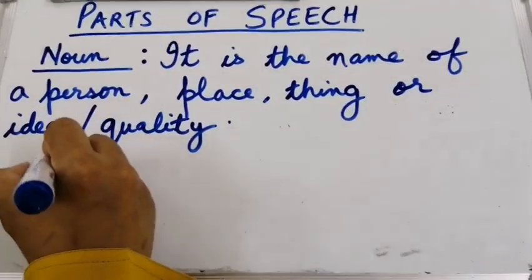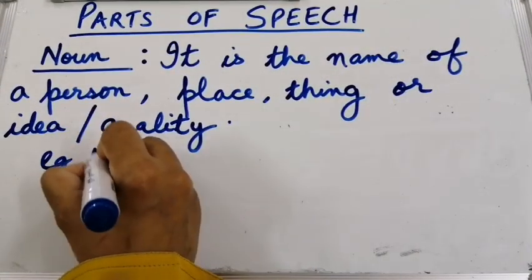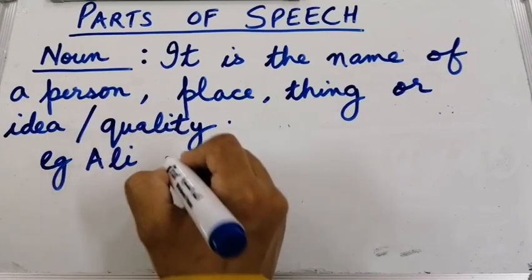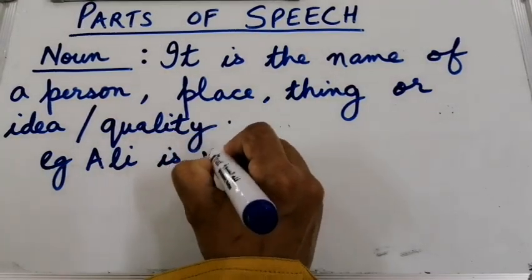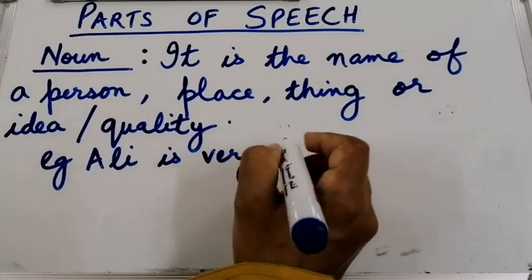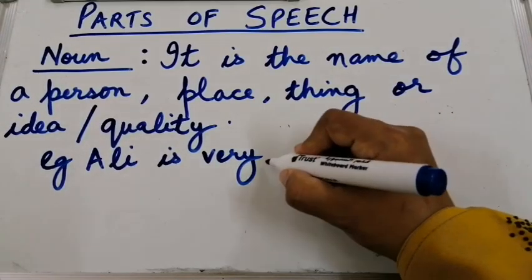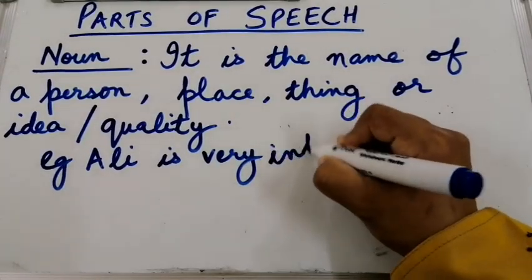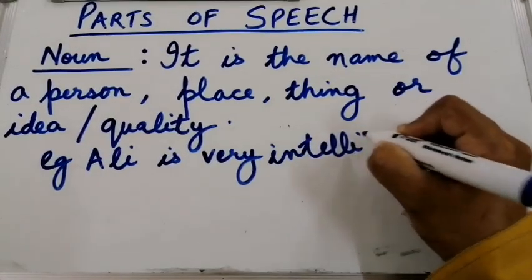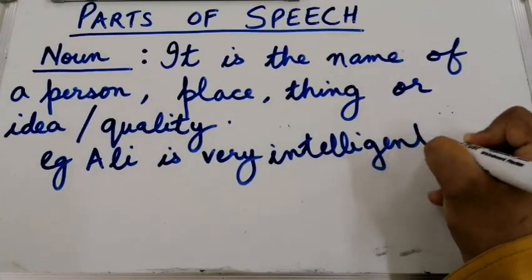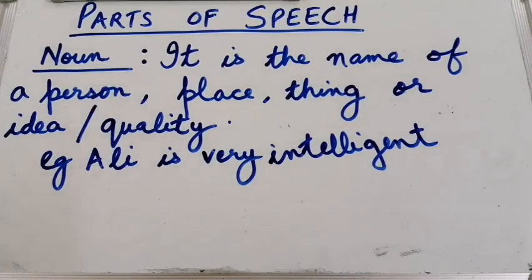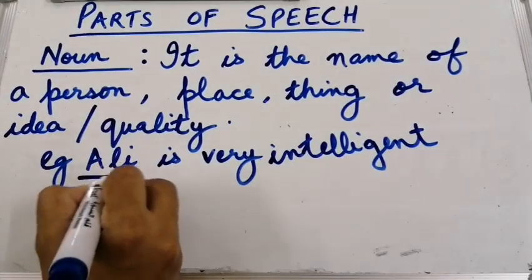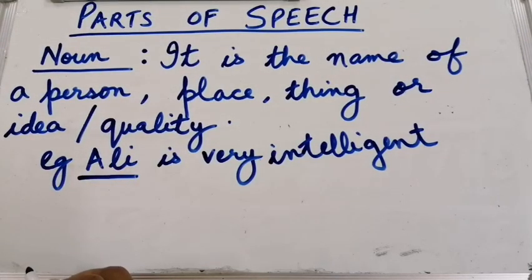So if I write here 2 examples, Ali is very intelligent. Ali is very intelligent. Ali is the name of a person. So that is why Ali is a noun.